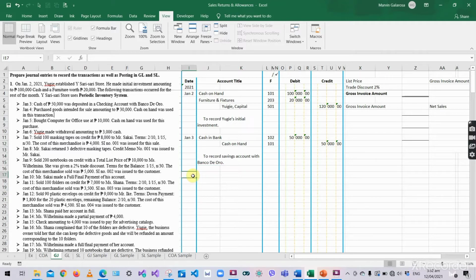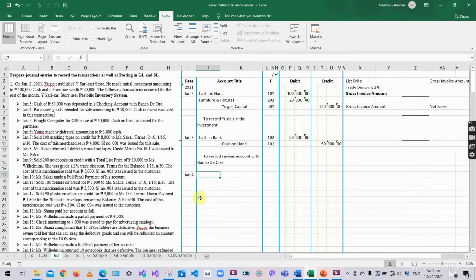January 4. Purchase goods intended for sale amounting to 30,000. Cash on hand was used in this transaction. Remember na ang gamit natin is periodic inventory system. So, ang gagamitin natin na account para dun sa goods na binili is purchases.